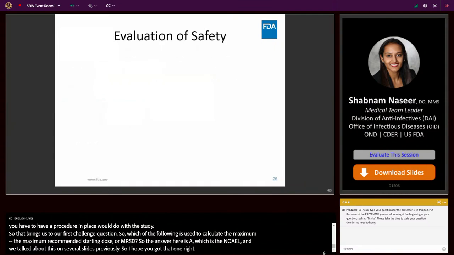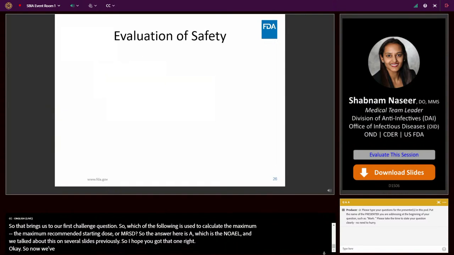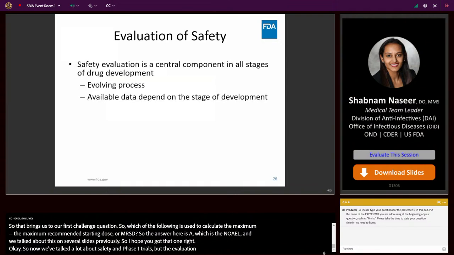Okay, so now we've talked a lot about safety and phase 1 trials, but the evaluation of safety is actually an evolving process, and it depends on the stage of the product under development.